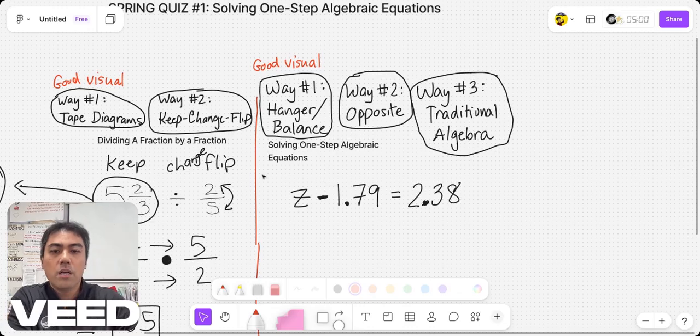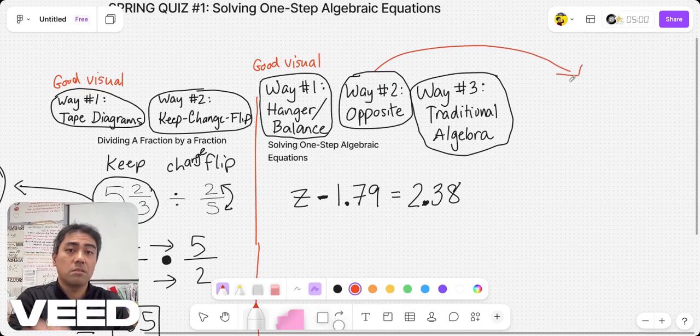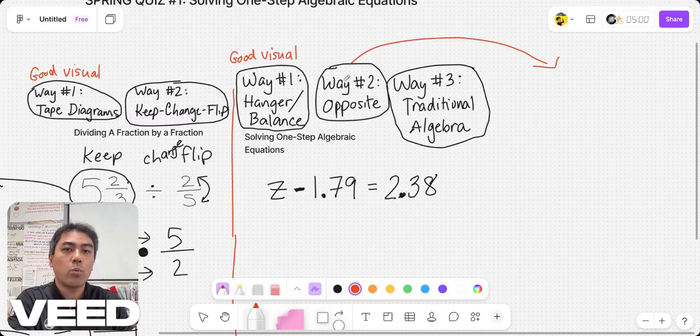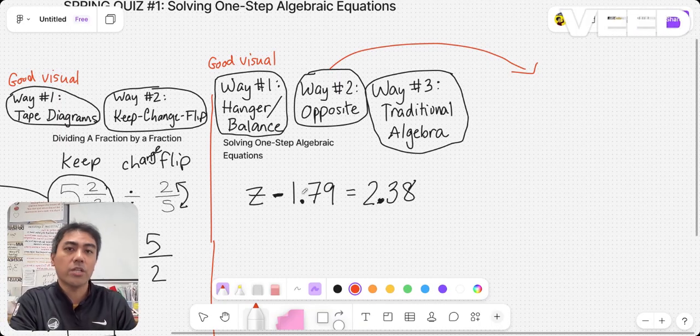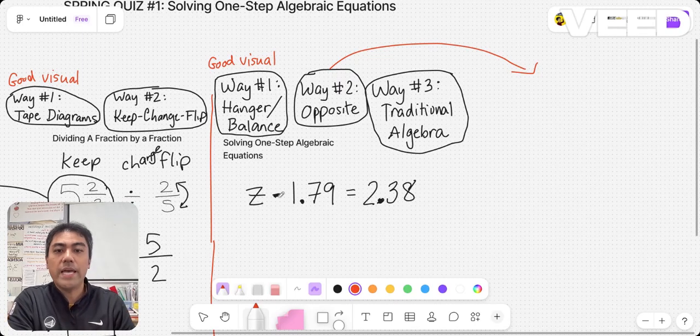All right, so for those of you who are just going to do this the opposite way, and by the way, it's okay whichever way you decide to do on this quiz. But if you do the opposite way, you just have to look at the problem and decide, oh, this is a subtraction equation. So, what is the opposite of taking away? The opposite of taking away is adding.